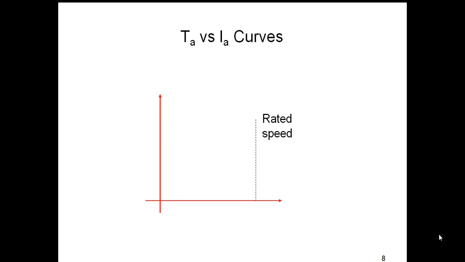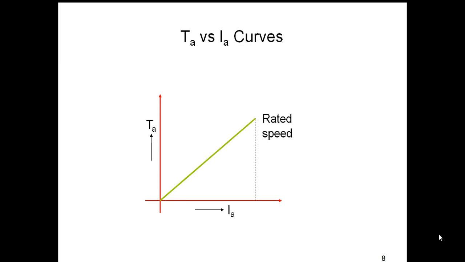This is the armature current versus armature torque curve. On y-axis, we represent the armature torque, and whereas on x-axis, we represent the armature current.